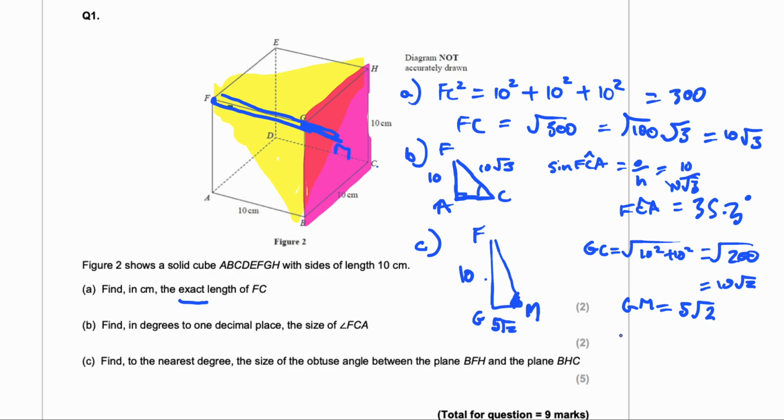So using opposite and adjacent, we're going to use tan FMG is opposite over adjacent. So 10 over 5 is just 2, so it's 2 over root 2, which is just root 2. So grab our calculators, do shift tan of root 2. And you get 54.7 degrees to 1 decimal place.